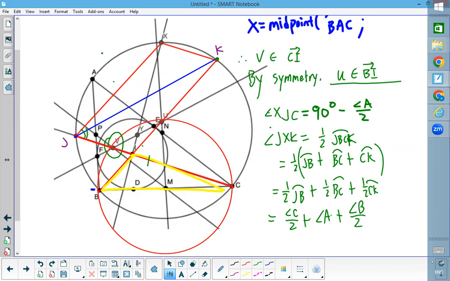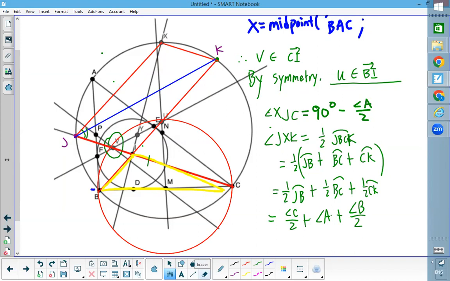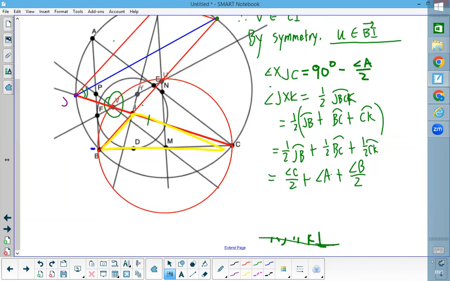So what do we get? We know that A plus B plus C is 180 degrees. So this becomes angle A plus angle B plus angle C over 2 plus angle A over 2, which is equal to 90 degrees plus angle A over 2.